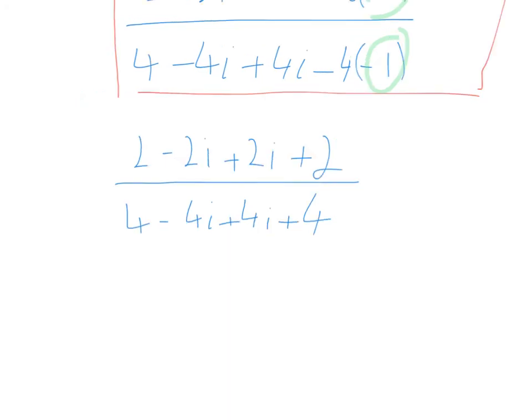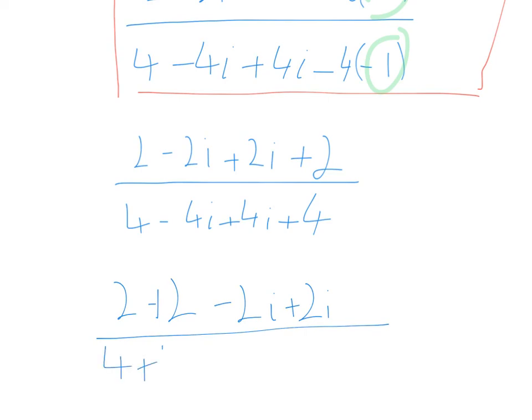So now what we have on the top and bottom of each of these is some real numbers and some imaginary numbers. So we're going to group the real numbers on top, group the real numbers on bottom. So the real numbers on top is 2 and plus 2. The imaginary numbers on the top is minus 2i and plus 2i. On the bottom, the real numbers are 4 and plus 4.